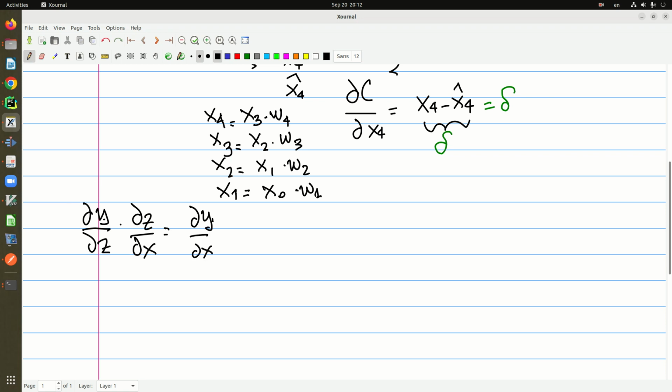This is the chain rule. And we're going to apply it here, as we applied it for the simplest possible neural network, to solve our problem.